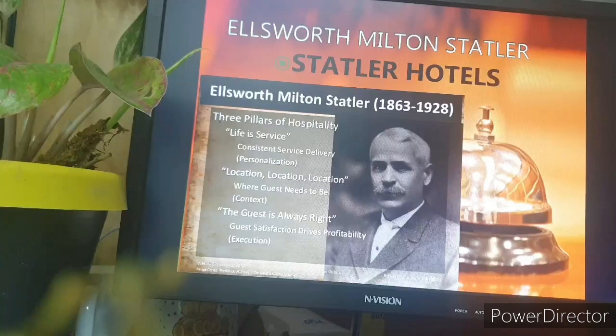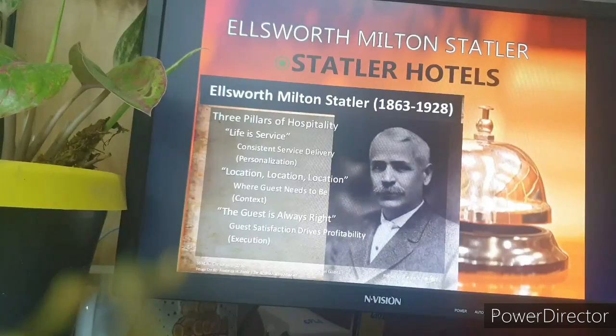Okay, so he also believed in the three pillars of hospitality: life is service, consistent service delivery. So the one that we discussed during the service, the gold service, the personalization, because they instruct the hotel company, the owner, the hotelier, or any of the staff to engrave or embroider the name of their guests.